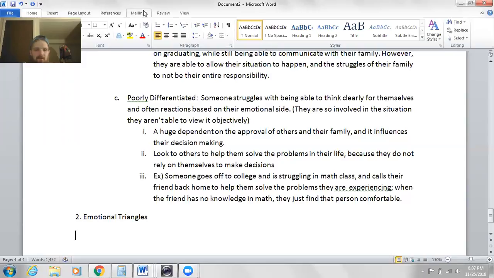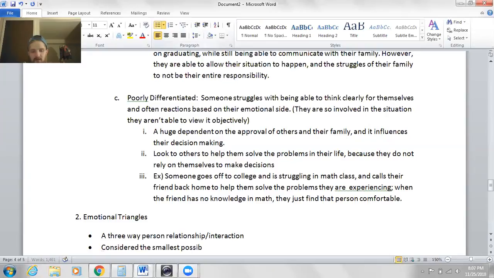This is a three-person relationship or interaction, considered the smallest possible stable relationship system.